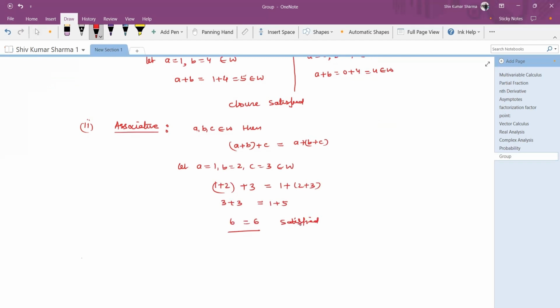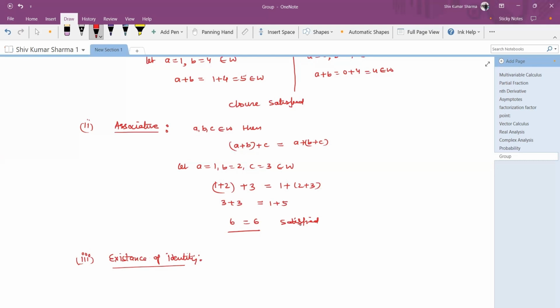Now we move to the third property, which is existence of identity. In existence of identity, what is the additive identity? Zero.